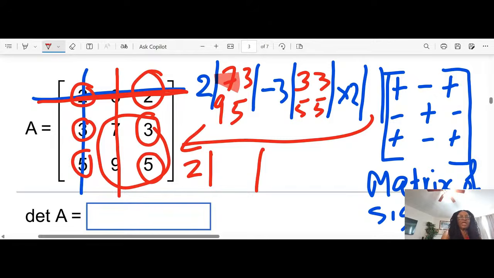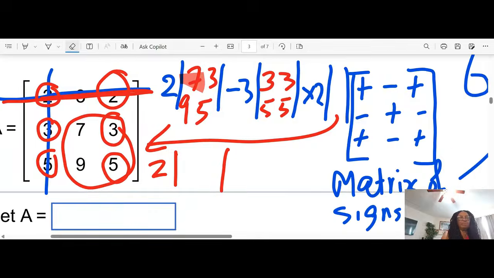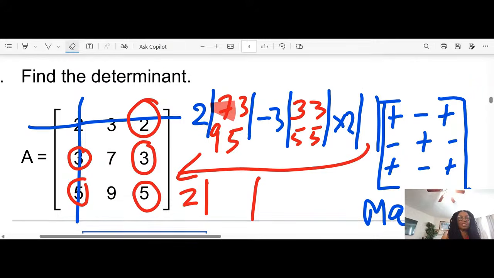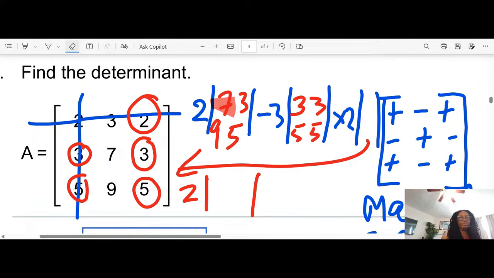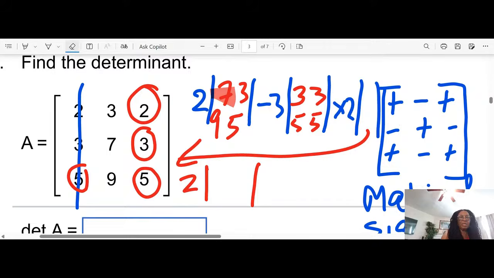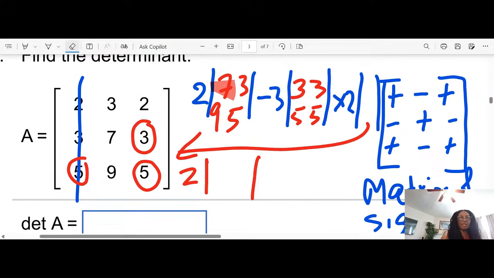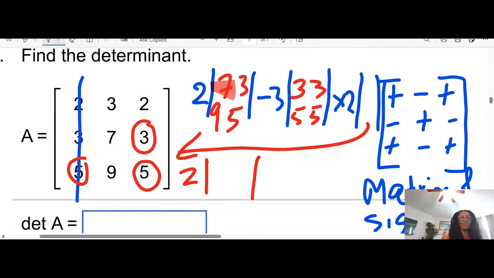So let me see if I can clean up. If it's not cleaning up, I can just get it anyway. So this is 2 here, and I have a vertical arrow and a horizontal arrow.